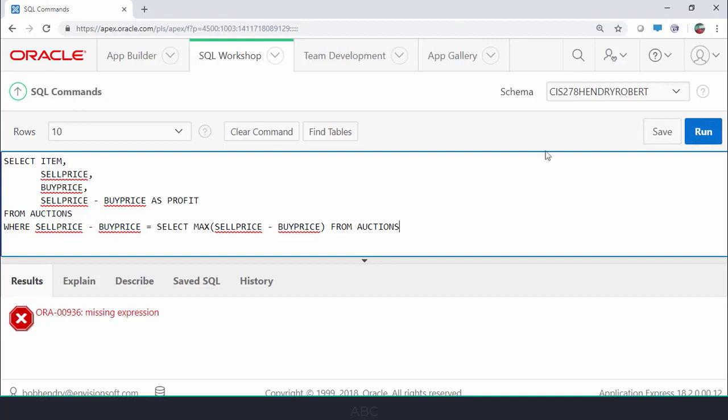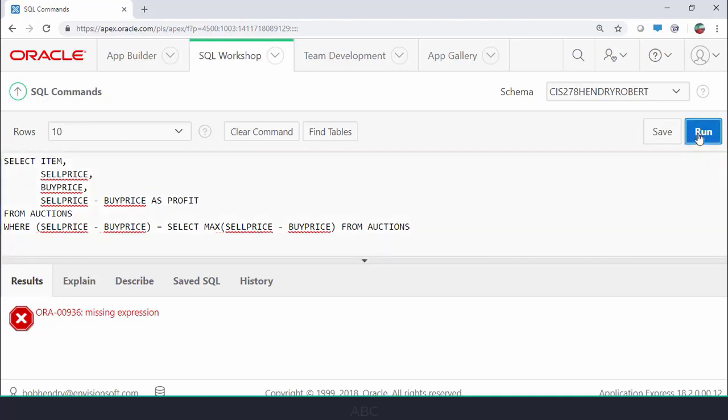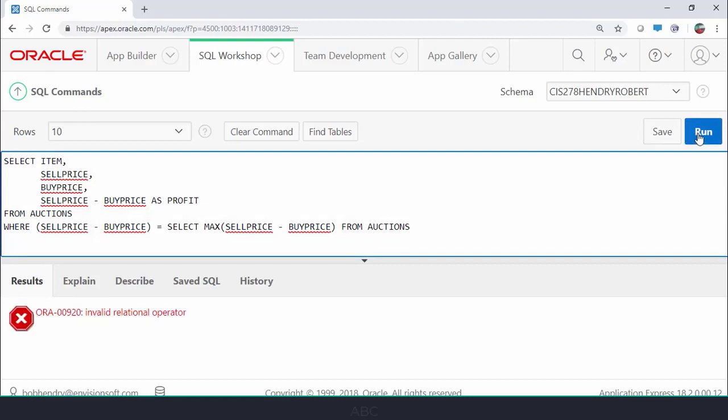And we're still getting a missing expression here. Let's try this and this. And we're still not getting something quite right here.